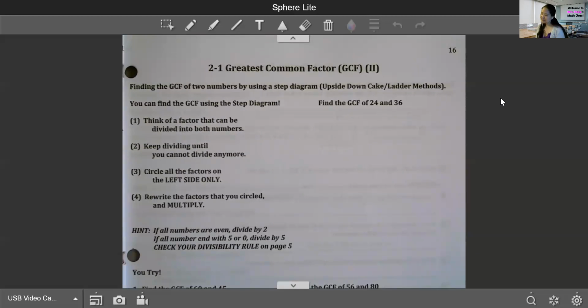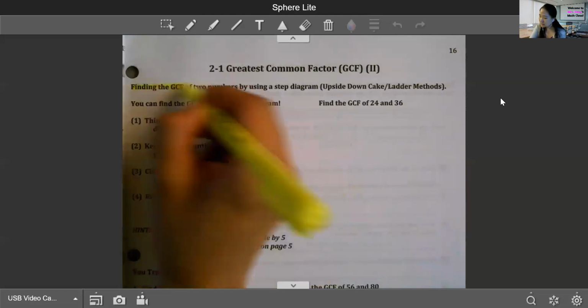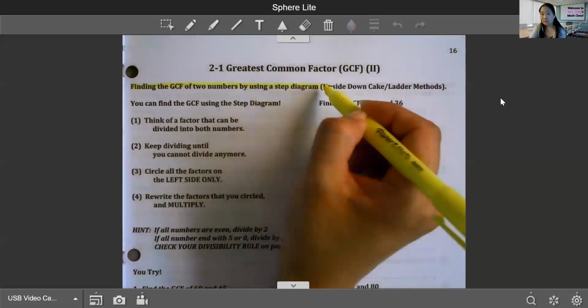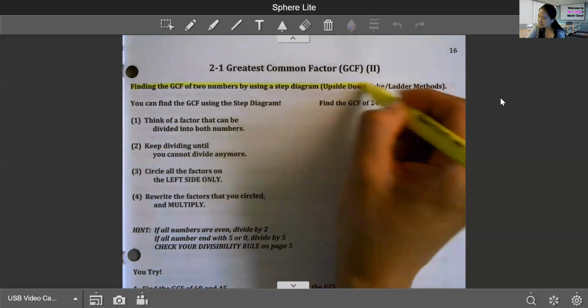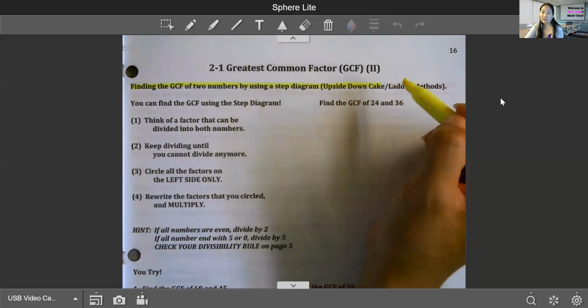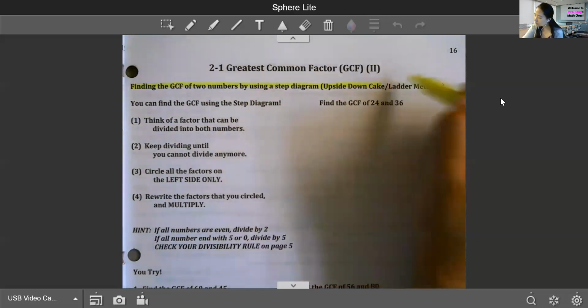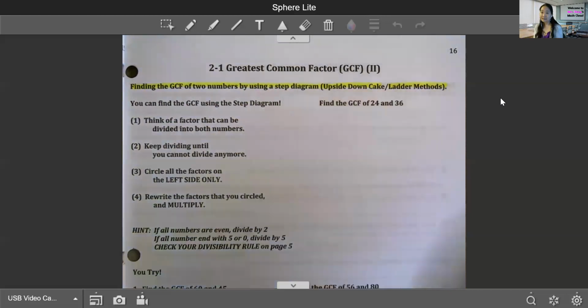All right, so finding the greatest common factor of 2 numbers by using a step diagram. We also call it upside down cake because it's going to look like an upside down cake, or we also call it the ladder method, okay? I'm going to call it the step diagram, or, well, I will use all of those words, okay?